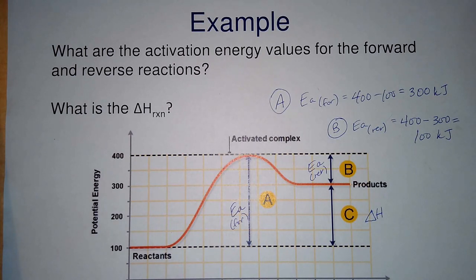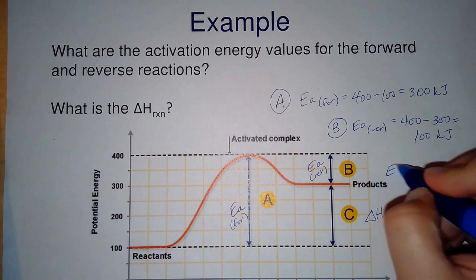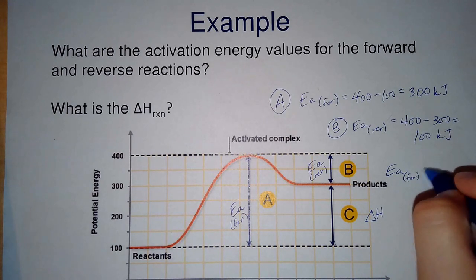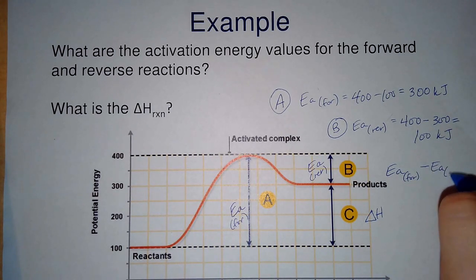Now we can take these two activation energies to find delta H. Activation energy of the forward minus activation energy of the reverse is equal to our delta H value.